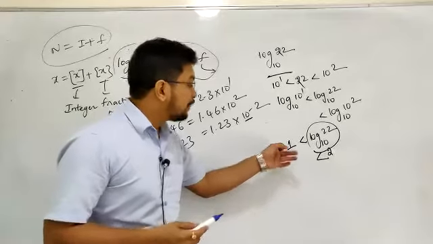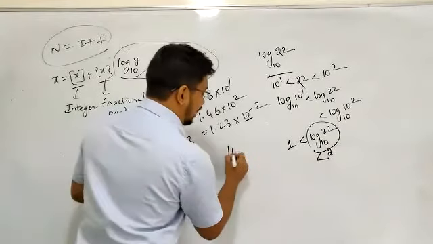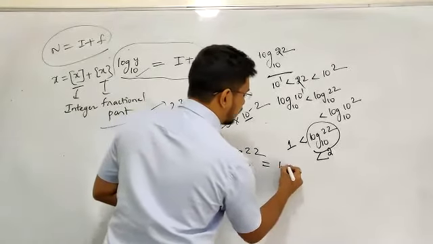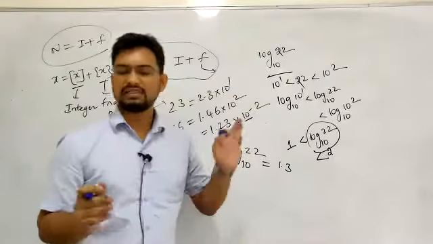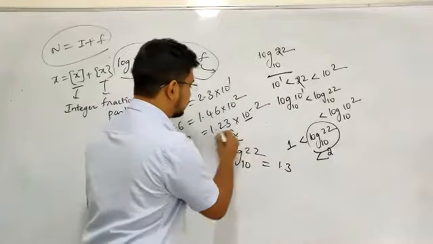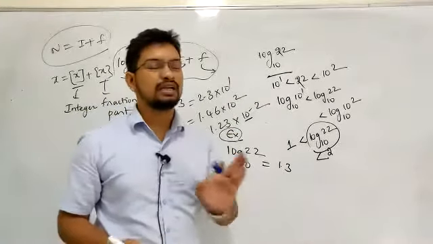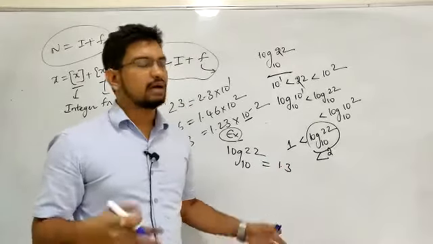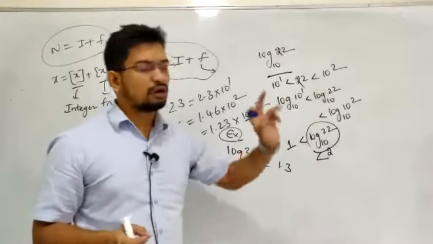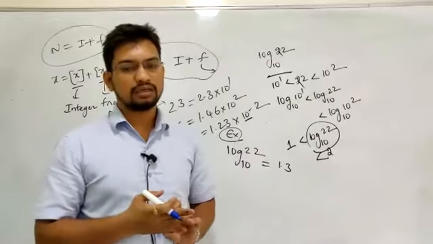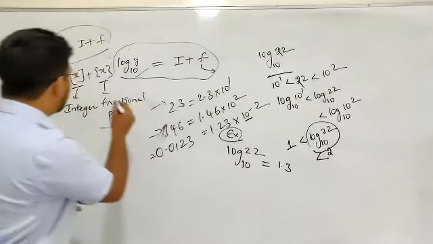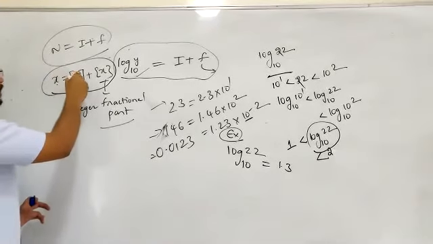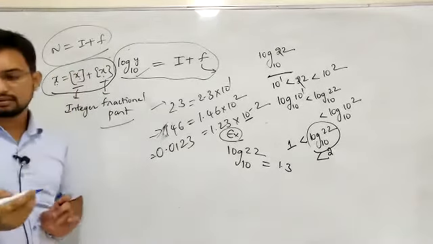Now, let's say log of 22 to the base 10 is something like 1.3. For example, this is not an accurate value, I'm just taking some value lying between 1 and 2, something like 1.3. Now, any number which we consider will have an integer part as well as a fractional part.